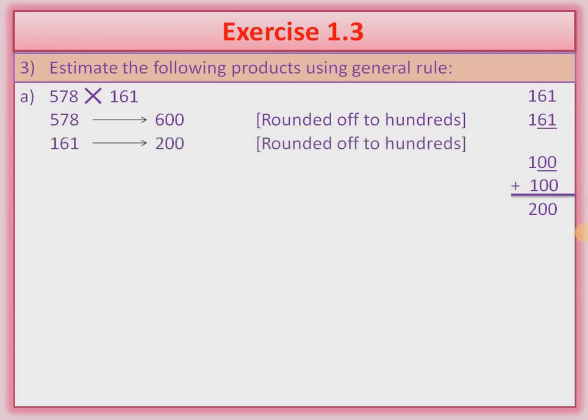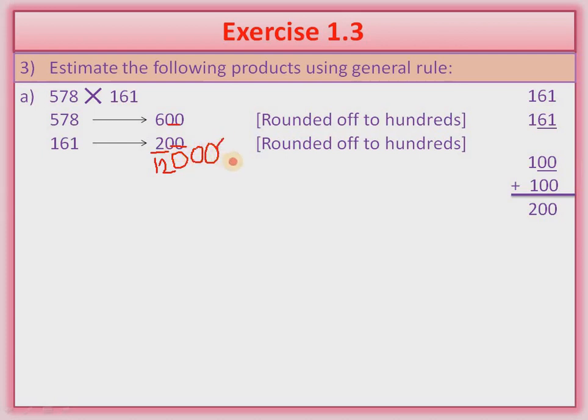Now again, so how to do 600 multiply by 200? बहुत ईजी है. कैसे करना है? First we will multiply by 6, multiply by 2. 6 2's are 12 and count the total number of 0. 1, 2, 3 and 4. So we will put 4 zeros after 12.